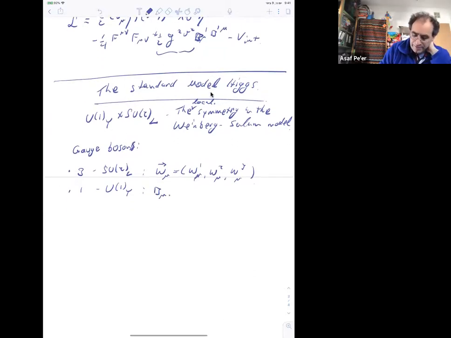Now in physics, what are the gauge bosons that we're seeing in nature?